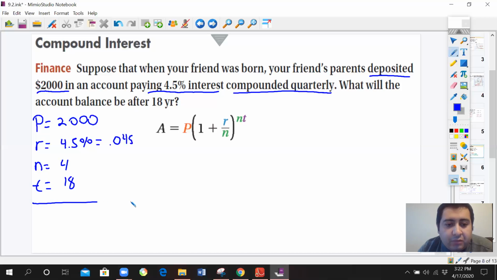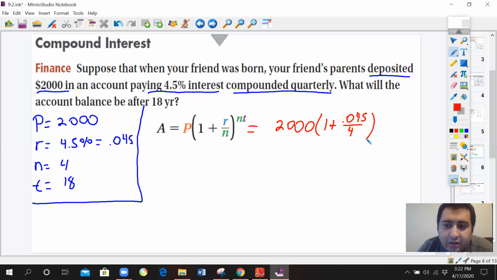And then from there, we just plug in that information into the formula. So we have P, that is 2,000 times 1 plus 0.045 divided by 4, because the N is 4, to the power of 4 times 18.